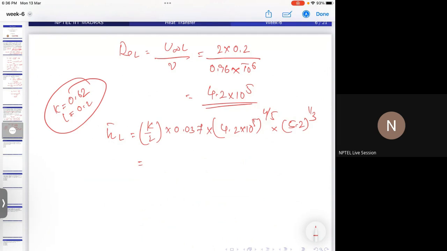That is the heat transfer coefficient. Sir, 6229.4. How much? 6229.4.